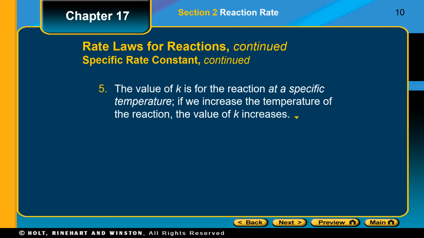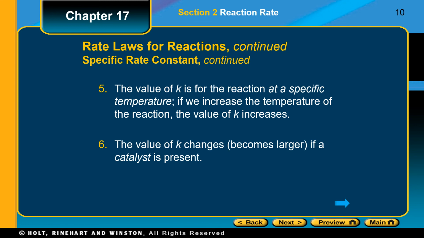And the value of K is for the reaction at a specific temperature, as we've stated, just to make sure that's clear. And if we increase the temperature of the reaction, the value of K would increase. I'd have to do the experiment all over again under this new set of conditions. And the value of K changes, becomes larger, if you have a catalyst present.